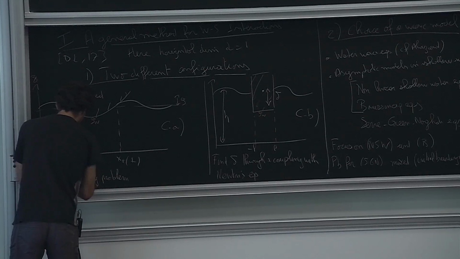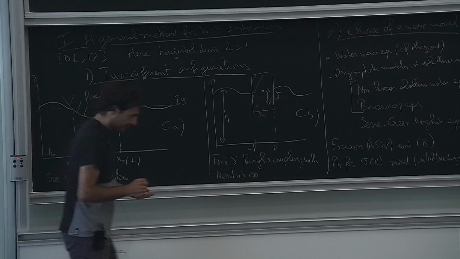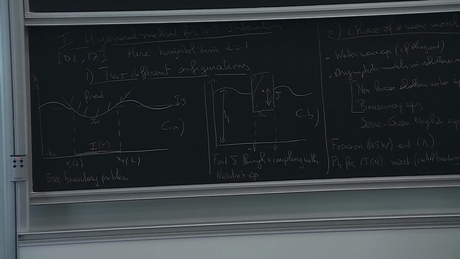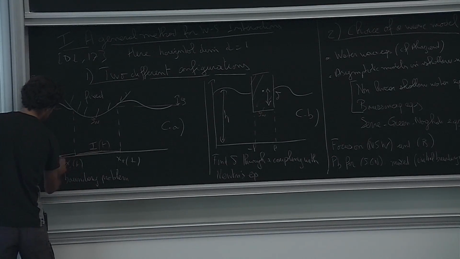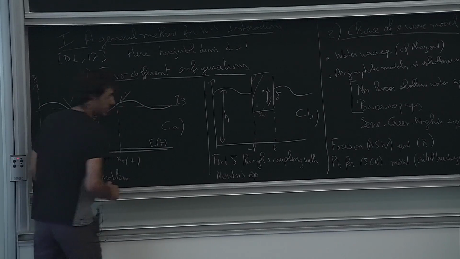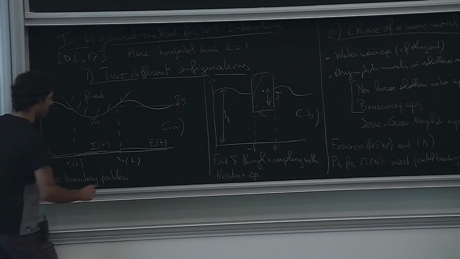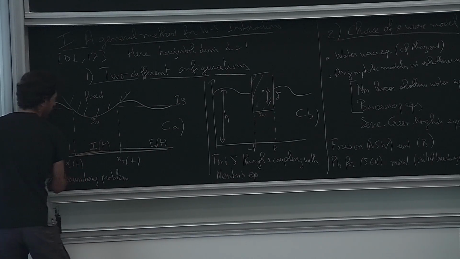So the interior region is this, which is I of t. And then I have the exterior region, which is here two half lines, E of t. I might write E plus and E minus, and E of t will be the union of the two.